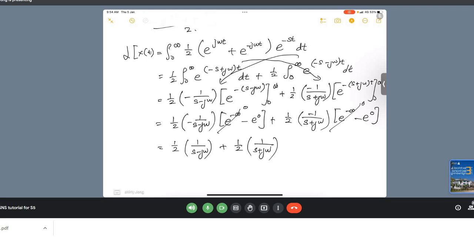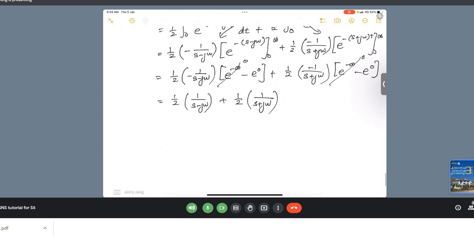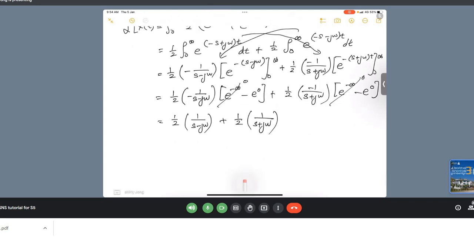Okay, after you simplify, this one is with the case that s is more than 0. Class, we take the condition for s more than 0. One over s minus j omega plus 1 over s plus j omega.